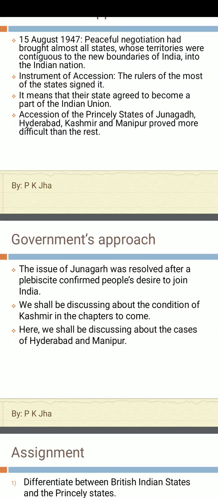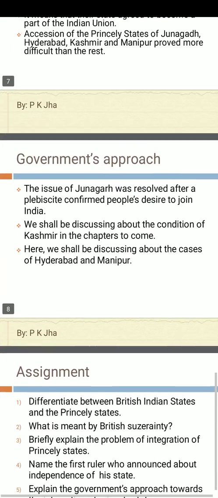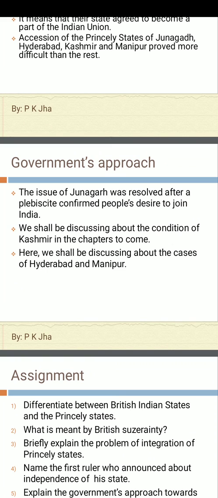First, Hyderabad, and then Manipur. Fine, children. And about Jammu and Kashmir, because recently, in August 2019, as we know, Parliament made a law, and now Jammu and Kashmir is a union territory. In place of one state, we have two union territories, Kashmir and Jammu.